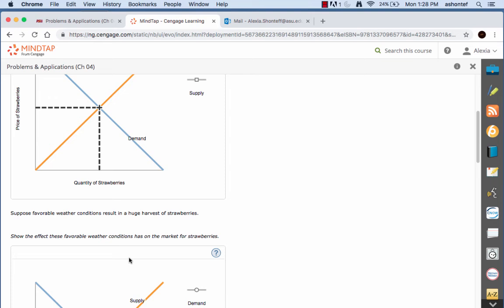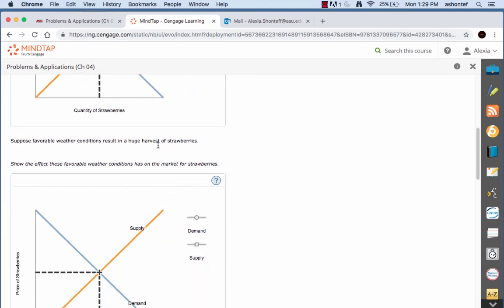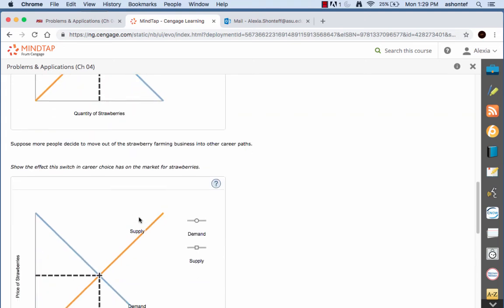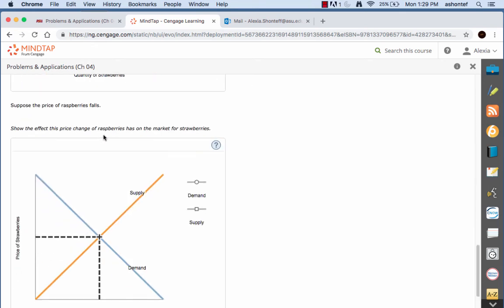The next one says, suppose we have favorable weather conditions that result in a huge harvest. Well, that's production. So again, in this picture here, you want to decide, is that going to increase or decrease production? This one says, suppose more people decide to move out of the strawberry farming business into other careers. What impact might that have on production of strawberries? So again, is that supply or demand? I think you're okay with that.